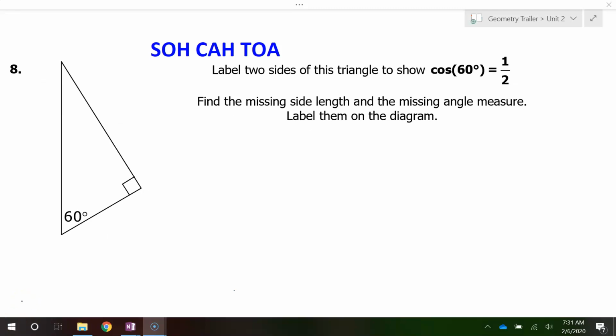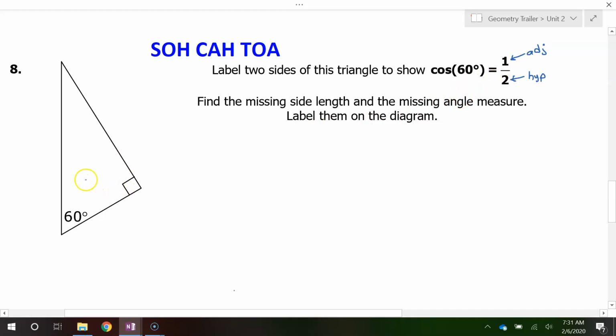Cosine is adjacent over hypotenuse, so the numerator, the number 1, has to be the adjacent leg, and the 2 has to be the hypotenuse. Keep that in mind.